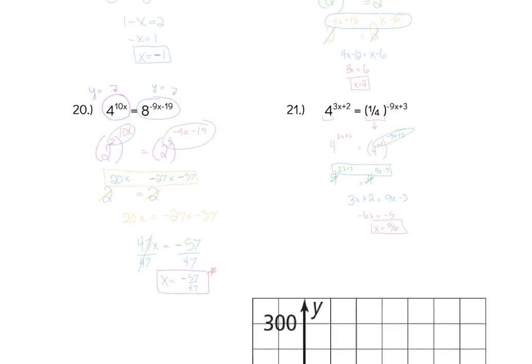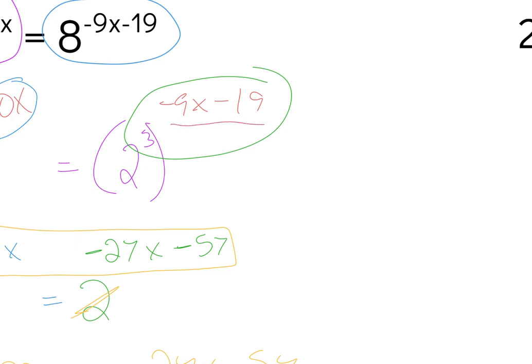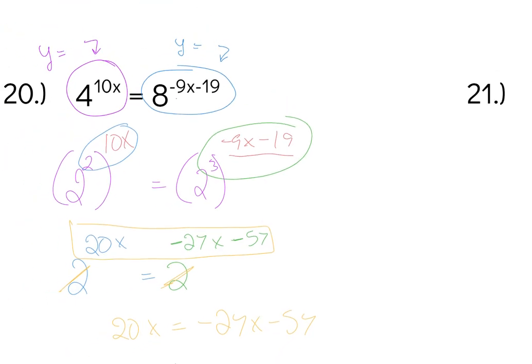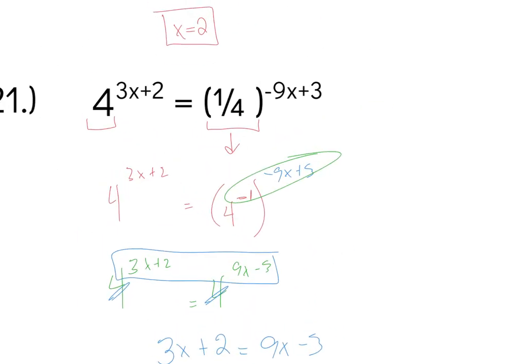So over here, I was not willing to plug in negative 57 over 47 right here. And I didn't want to do it here either, but there's a reason why you would do it. You technically want to do it here because, bases and whatnot. So anyway, I'm willing to plug in 5/6 to just make sure I'm right.